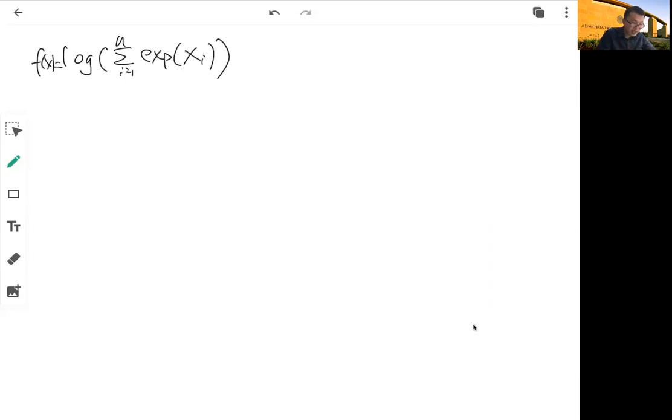This is how it is defined. This function is also often called softmax. I'm going to show you why it is called softmax. Notice that this is not the same as the softmax transform, if you're familiar with it from machine learning, but I'll talk about the softmax transform in a little bit.